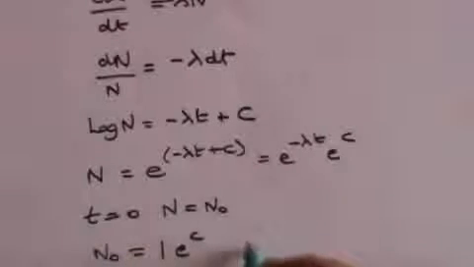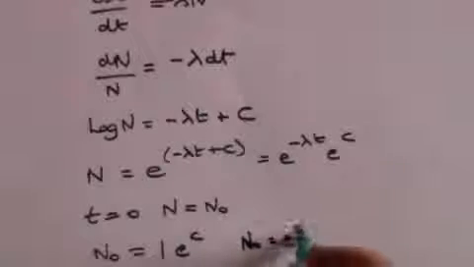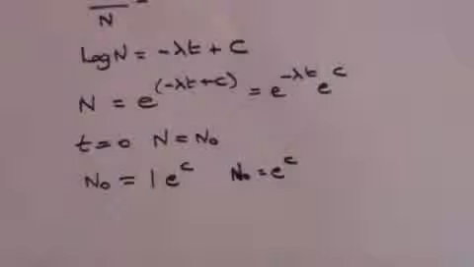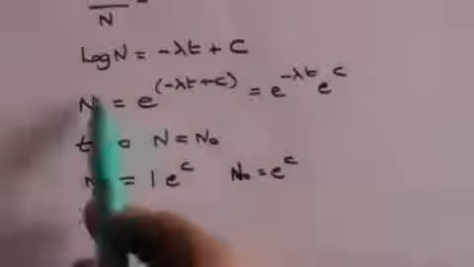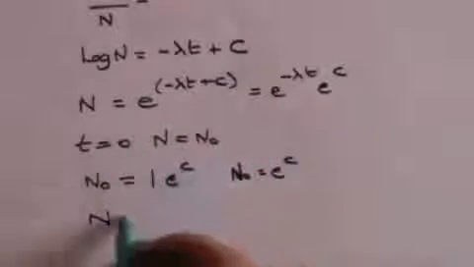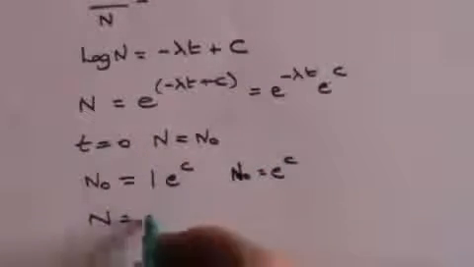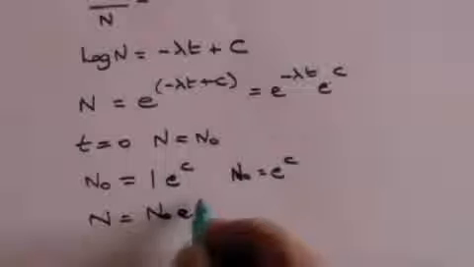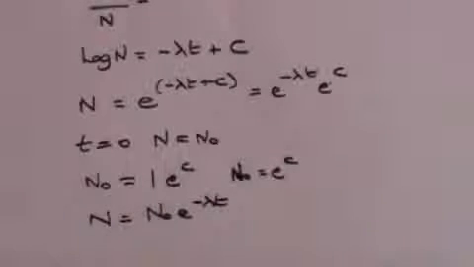And therefore N0 equals e to the c. And now we can write that N equals e to the c, which is N0, times e to the minus lambda t.